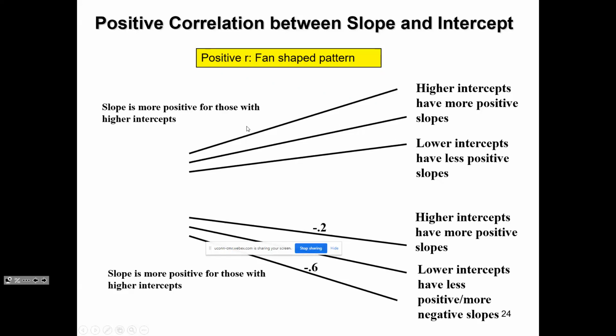Over here, people who start higher are declining more slowly, which, depending on what you're measuring, could be good or bad things. Higher intercepts have more positive slopes, but because the slope is negative, more positive also means less negative. It could actually, if it got positive enough, become positive. Does that make sense?